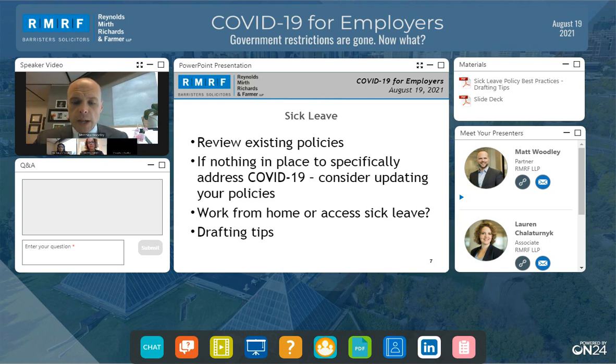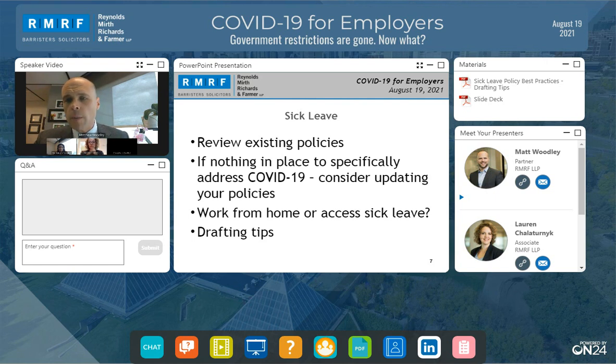Your policies should continue to allow the employer to make adjustments to the employee's working conditions. That includes the physical location of the work being done, requiring employees to social distance, to use personal protective equipment, including masks, as a backstop to ensure that you're reducing transmission in the workplace.